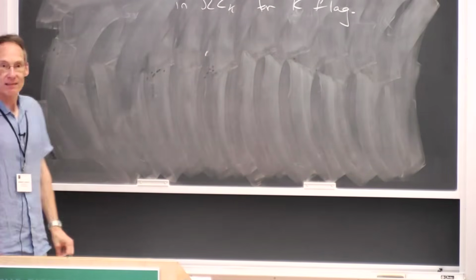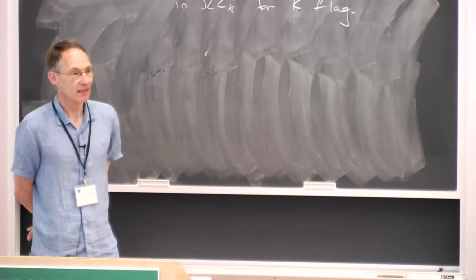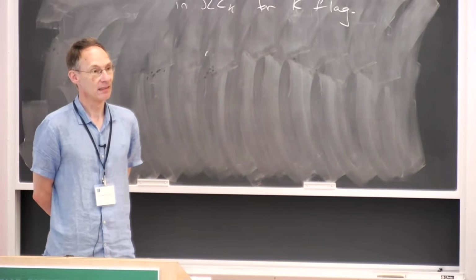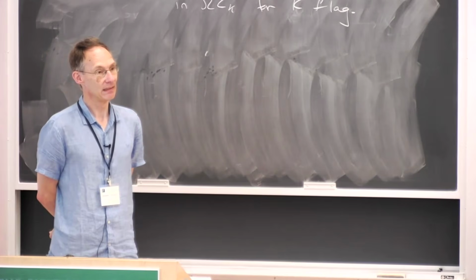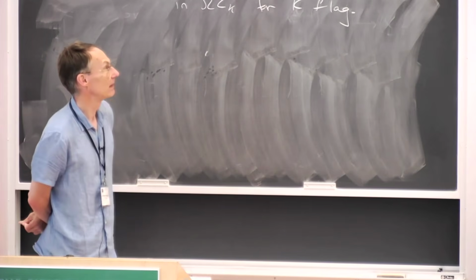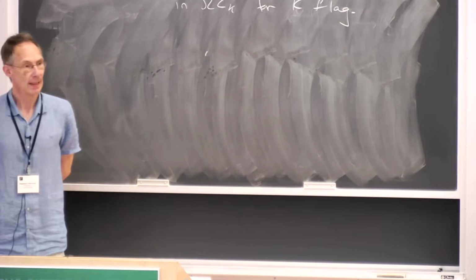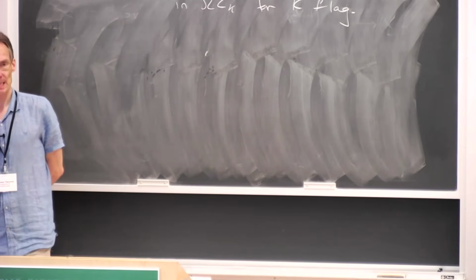Can you still see that information in the Whitehead products? Could you see torsion? The fact that the original moment angle complex had torsion, can you see that in the Pontryagin product, the product structure in the loop space?